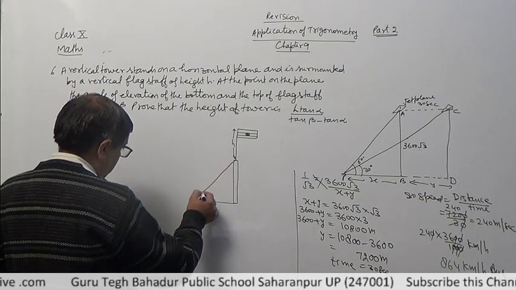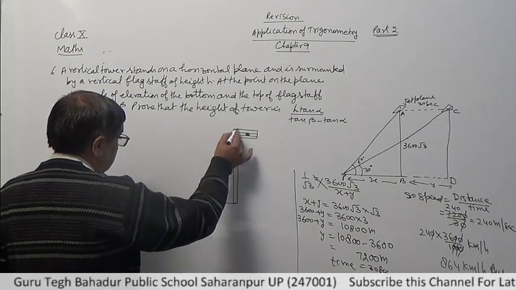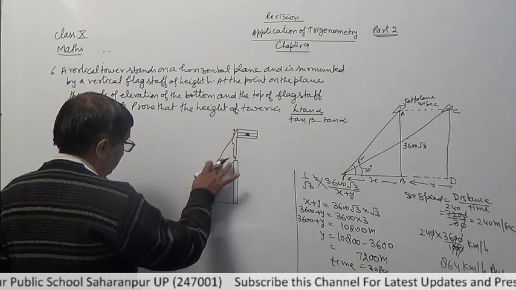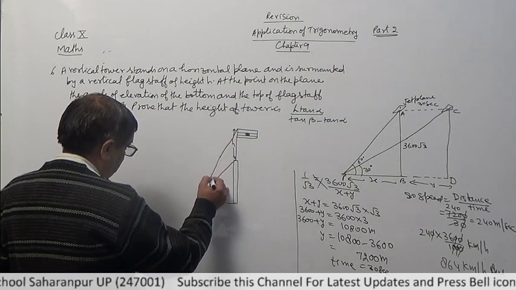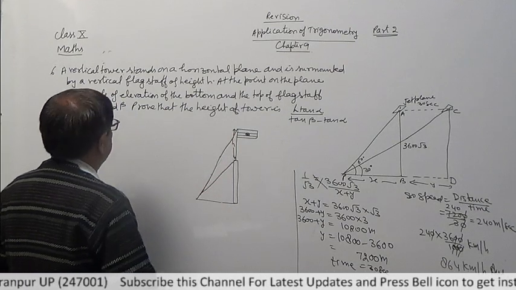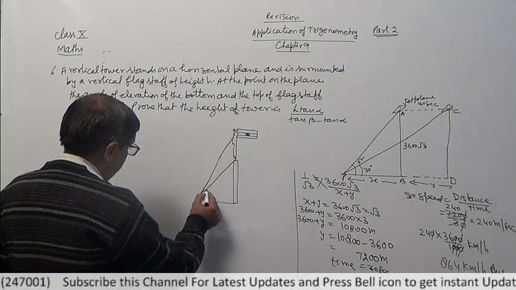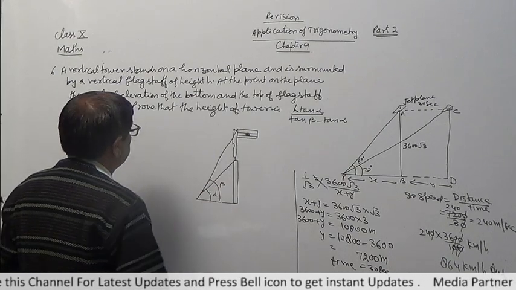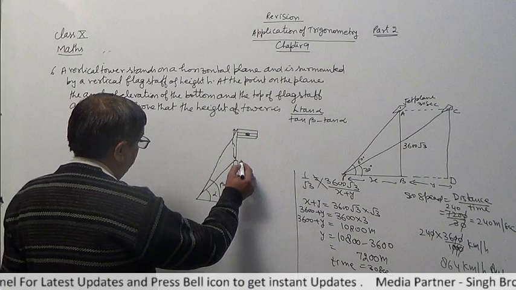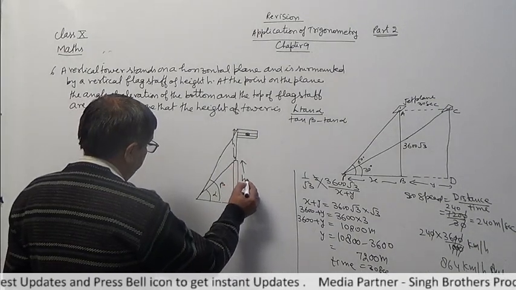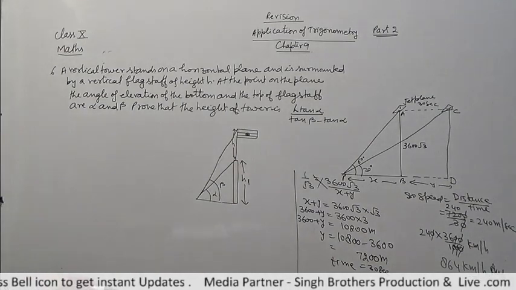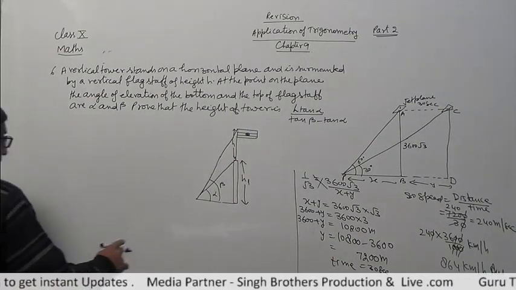This is the bottom of the flagstaff, this is the top of the flagstaff. They are alpha and beta. Prove that the height of the tower, taking it as h1, is h tan alpha upon tan beta minus tan alpha.